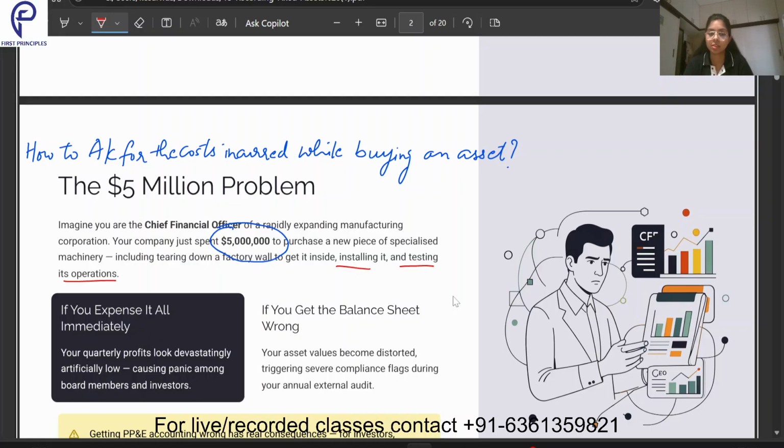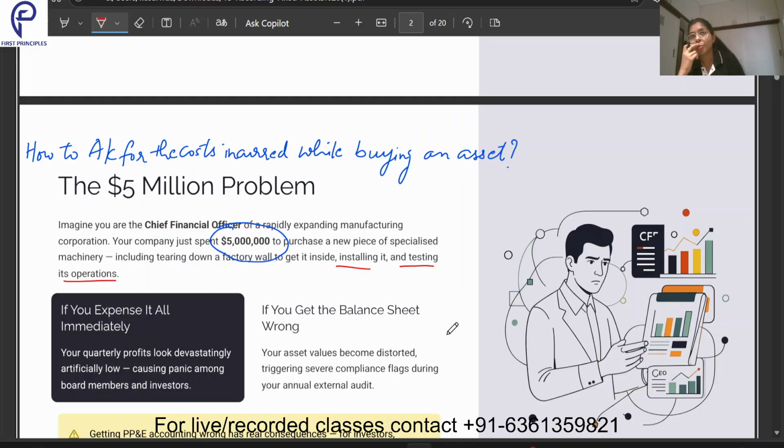The problem was whether they should include these costs in the value of that particular asset, or expense them immediately, or expense the cost of the machinery they bought immediately. So that was the problem, and hence this particular chapter of fixed assets, or to be precise, property, plant and equipment, came into the picture.